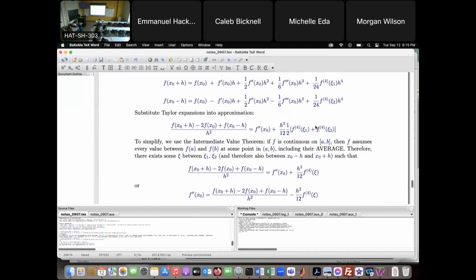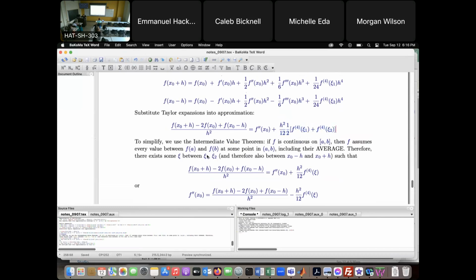So if I assume that the fourth derivative is continuous, then there has to be some unknown point, I don't actually care where it is, between c1 and c2, such that the fourth derivative is equal to this average value.